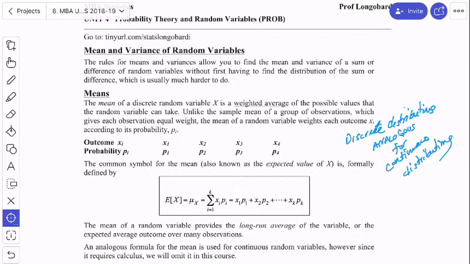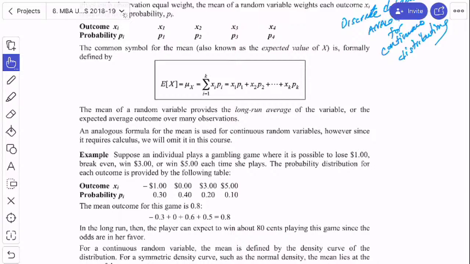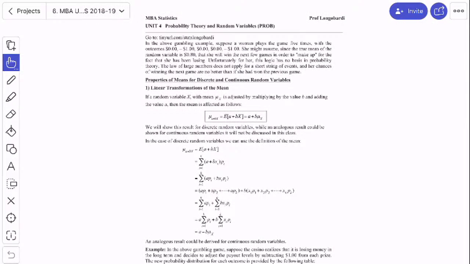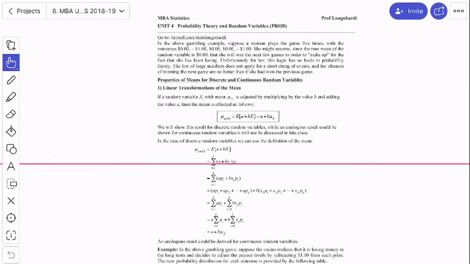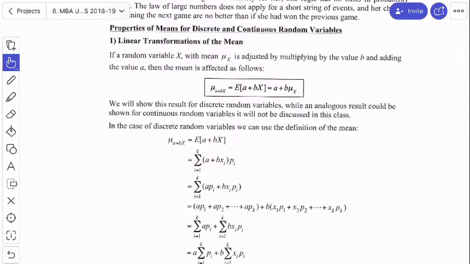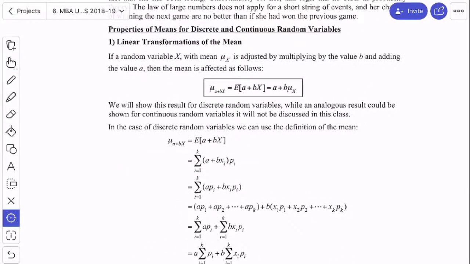So I go through all this derivation and all the symbols. Basically, you can just read through that, okay? What's really important in the end is that you know the result. But you see, the mean is just the weighted average by formula. And what are the implications of that? Because it's the weighted average, I can take an expression like a plus bx, and I treat every single value of x the same, right?